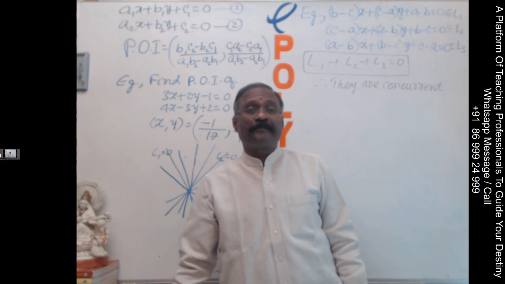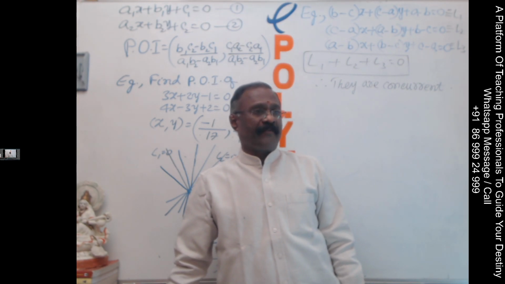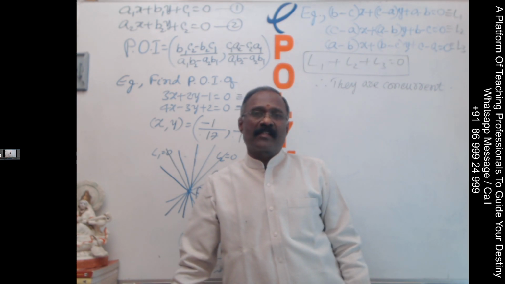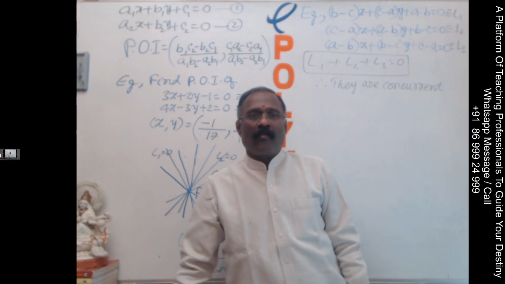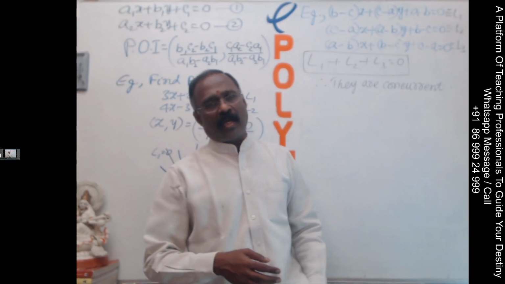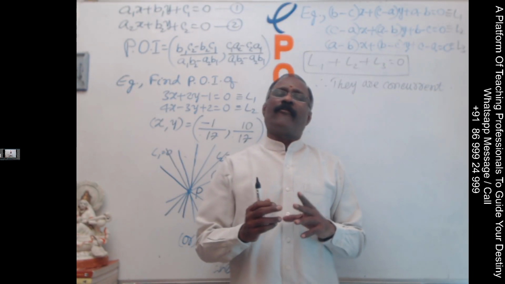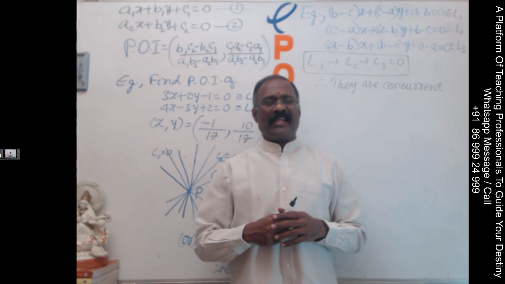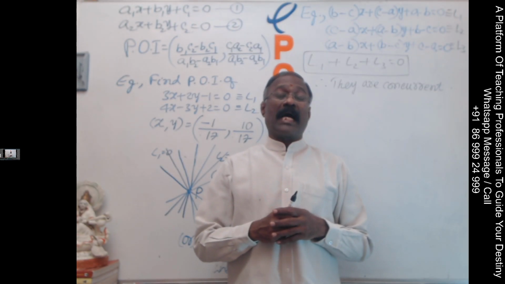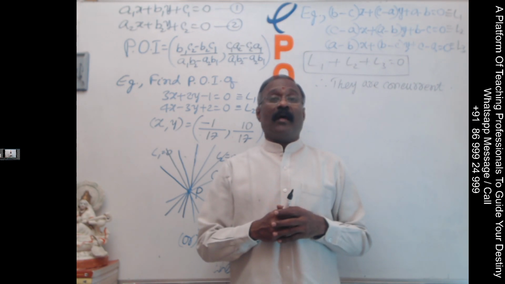Now, coming to the next part of it, the centers of the triangles. We already discussed them in the introductory part. The centroid, there is no problem at all. You have a straight formula for that: x1 plus x2 plus x3 by 3, the average of three vertices.